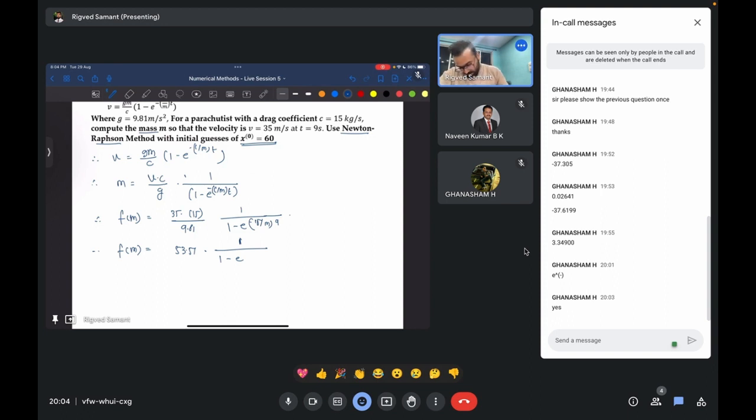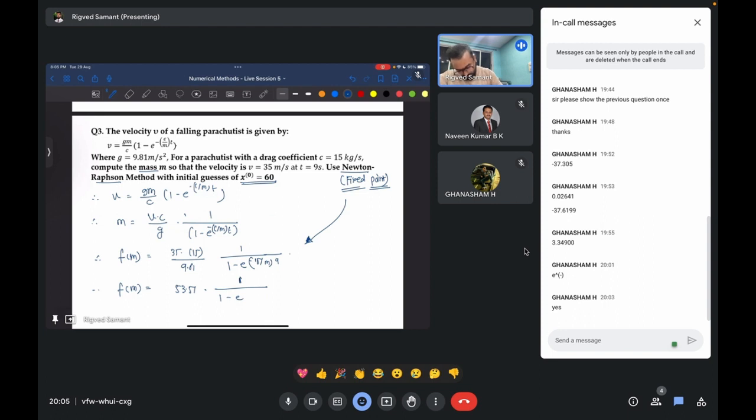Wait a second. Actually I have to write it as a fixed point. So this is what we are doing as a fixed point. We'll see how to do it using Newton-Raphson, because for a fixed point only, you can write it as this.